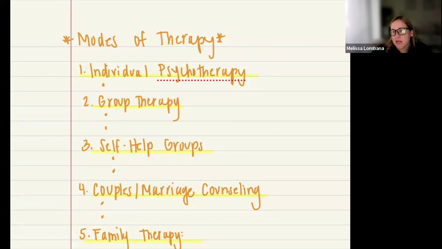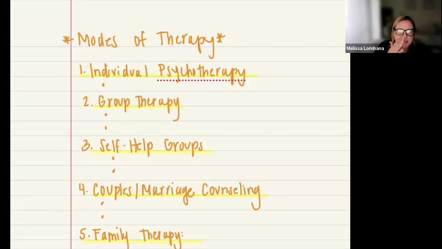Sometimes it's led by a therapist, and some really common ones that we hear is AA. Now, mind you, that is not guided by a therapist, usually people that are in the program. But group therapy can be very beneficial so that the person knows that they're not alone. It allows for others to give them feedback and then trying new ways. So that's group therapy.